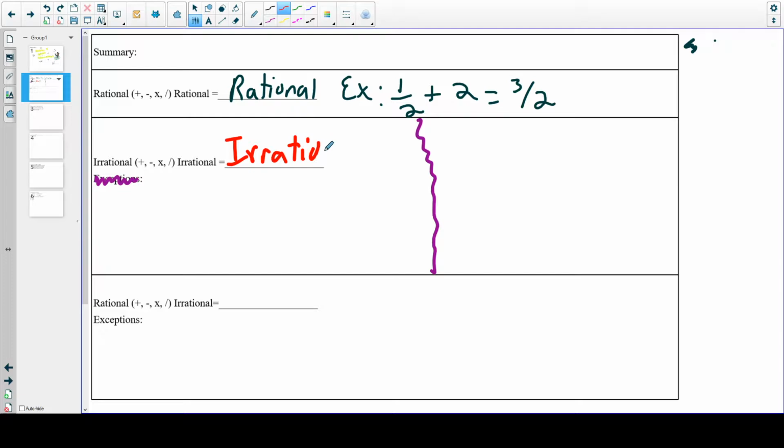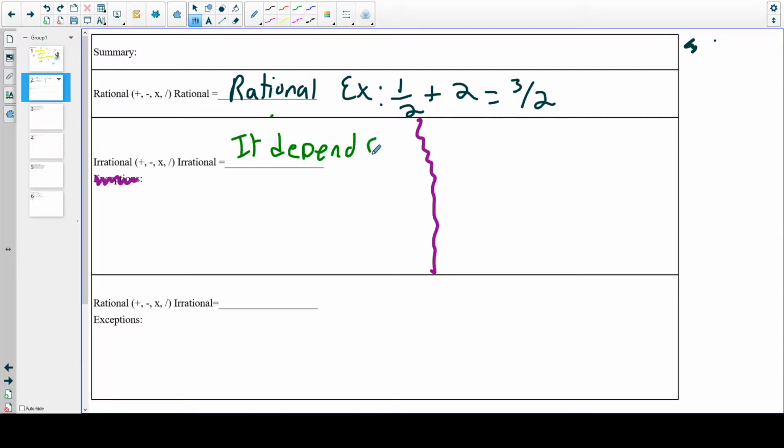However, there are exceptions. Sometimes it's not. So you know what? I take back what I said. I completely take back what I said. Let's write this instead: it depends.